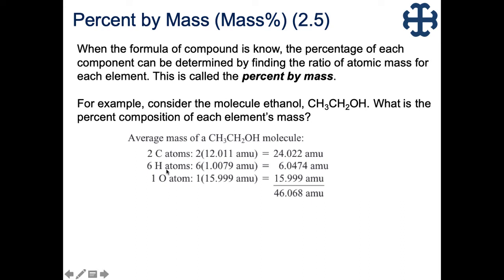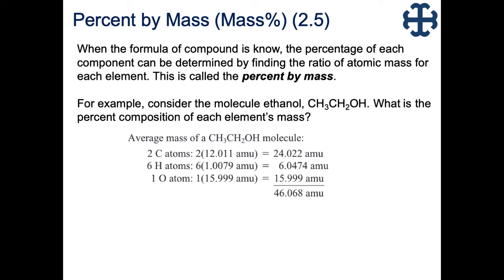We have two carbon atoms, multiply that 2 by the average mass in AMU that we get from the periodic table for carbon. We have 6 hydrogen atoms, do the same there. We have 1 oxygen atom, we do that. When we add all those up, we get 46.068 AMU. We could also call that 46.068 grams per mole, right? So that is the molecular weight.